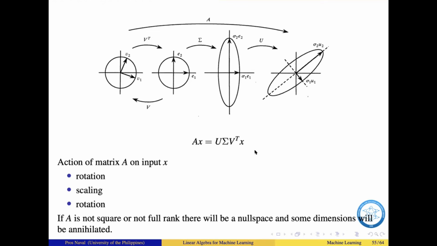That is the visualization of the SVD. Of course we just have here a two-dimensional, 2 by 2 matrix, but in general you can extend the same idea to n dimensions.